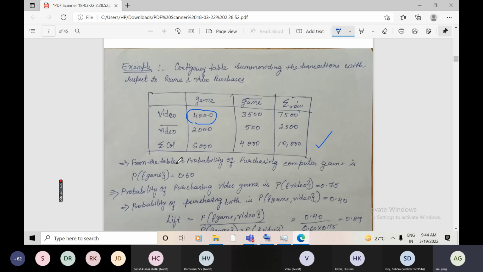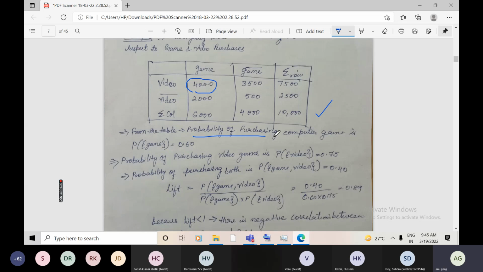Based on this formula, we find from the table the probability of purchasing only computer game. What is the value for only computer game? This one. The probability will be 0.60, that is 6,000 divided by the total value. That's how I have calculated. Then the probability of video game. Video game is here.